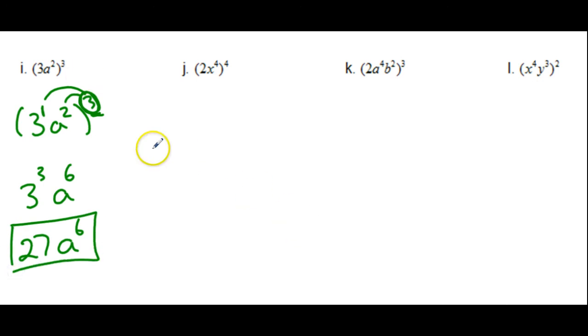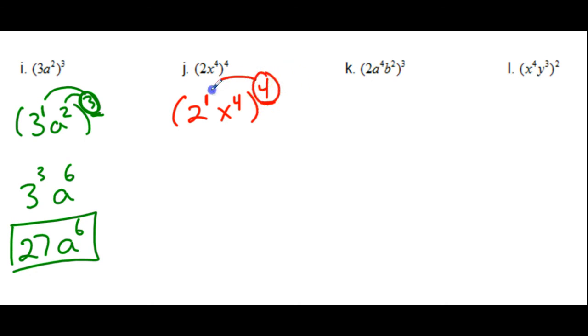Alright, so here's another example. I'm going to rewrite this just a little bigger. 2x to the 4th, all raised to the 4th. Again, outside, right? We're going to take this 4 out here, multiply it to everything inside, as in every exponent inside. What exponent does 2 have? Of course, it's the 1. Again, if they don't write it, just put a 1 there. It's given, all right?